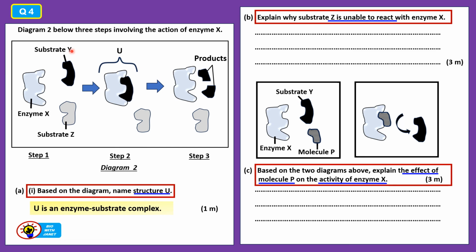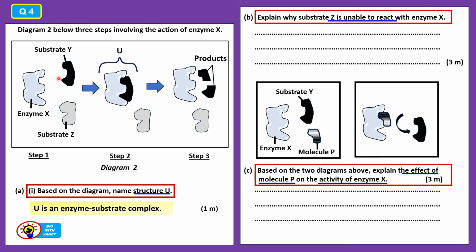Now, in case they mention the substrate, let's say they mention that the substrate is maltose, then your enzyme must be maltase, right? Then your enzyme substrate complex must be named specifically as maltase-maltose complex.